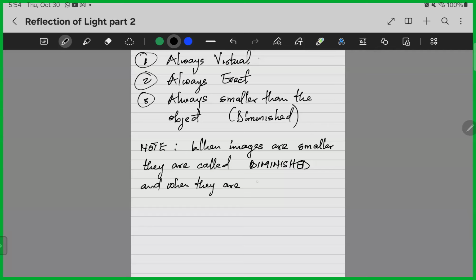Are you getting me? Yes. So this idea of diminished and enlarged, you discover that the last point in this concave, this larger, you can say, okay, in brackets, enlarged. So another thing is that for the images formed by convex, you can easily abbreviate it to be VED. That's virtual, erect, and what? Diminished, VED, to always remember.